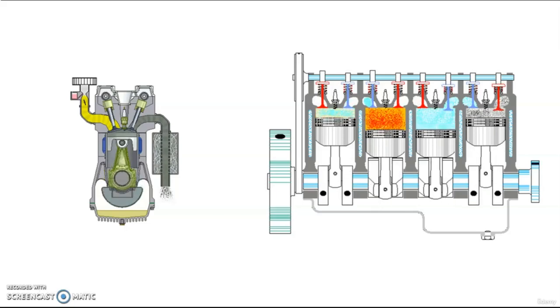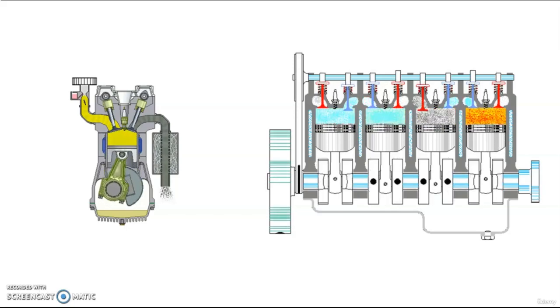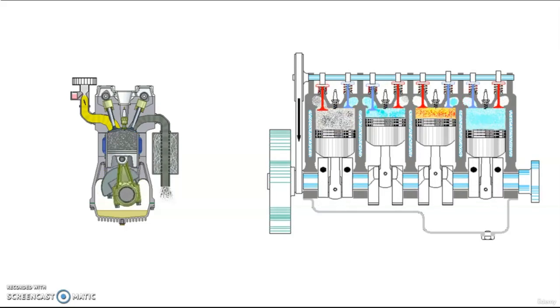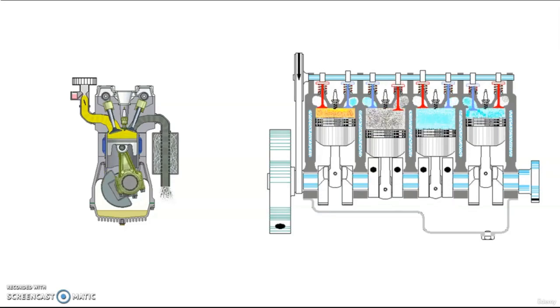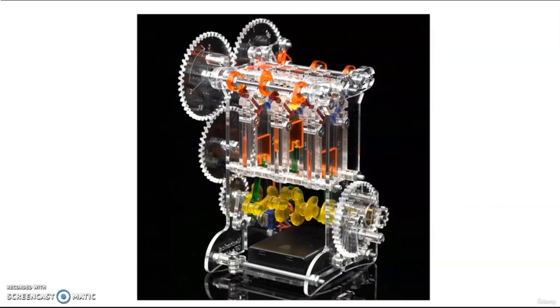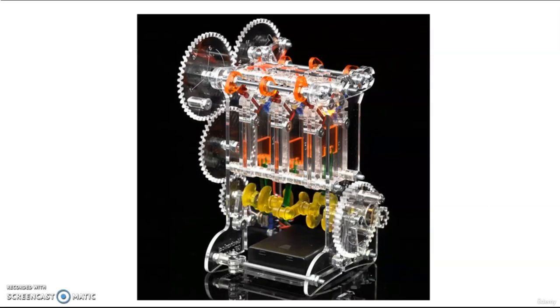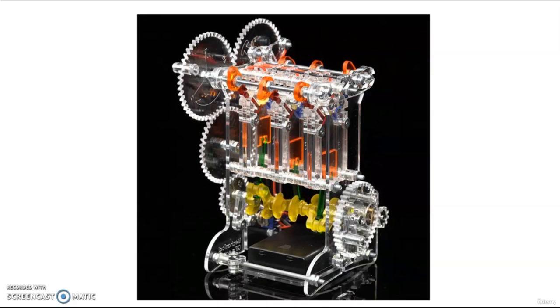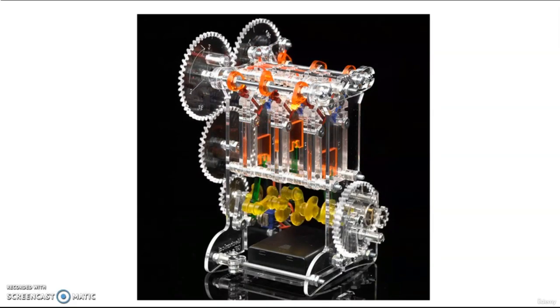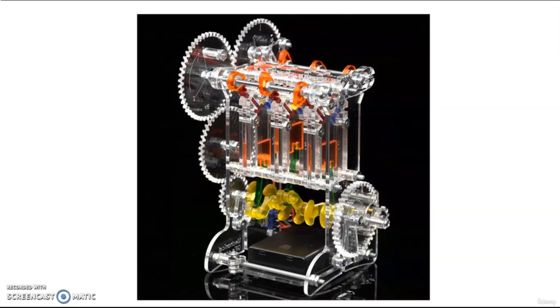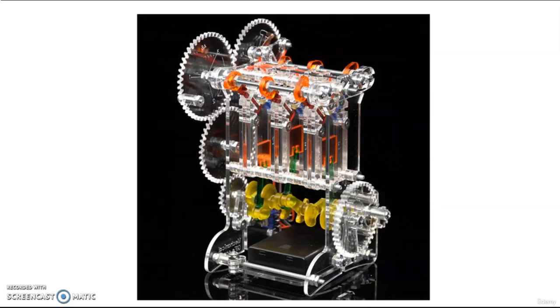In order to have a complete combustion in an engine, the right amount of fuel must be mixed with the right amount of air. The mixture must be compressed in a sealed container, then ignited by the right amount of heat, which is the spark, at the right time.